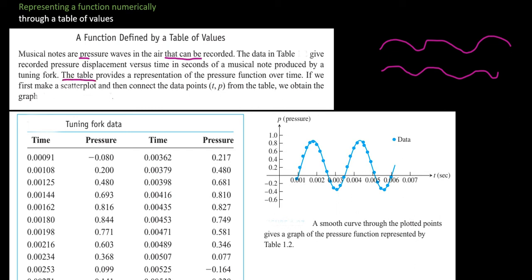The table provides a representation of the pressure function over time. We first make a scatter plot, then connect the data points from the table, and we obtain the graph. They were saying that we have to plot only the points, then we can join those points to obtain our graph.